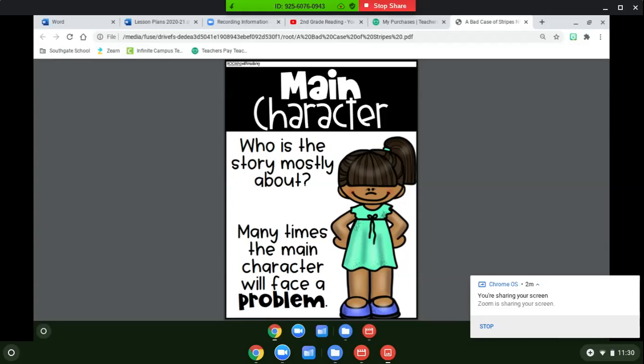This is not a fantasy story per se because it doesn't really have animals that are doing people kind of things, but it is kind of fantastical because this couldn't really happen to Camilla Cream or to any little kid. You couldn't actually get all those stripes like that, thank goodness. But our skill of the week is main character.